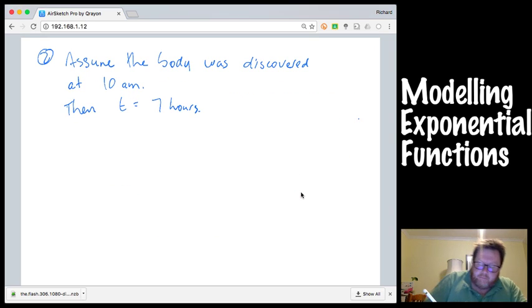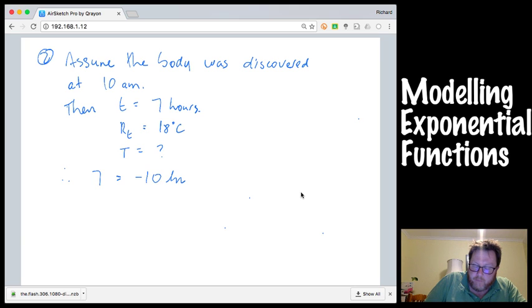All right. So R sub T is 18 degrees Celsius, and T is the thing that we don't know. So let's set up the function. So T of 7 is equal to negative 10 times the natural logarithm of T minus 18 all over 37 minus 18.